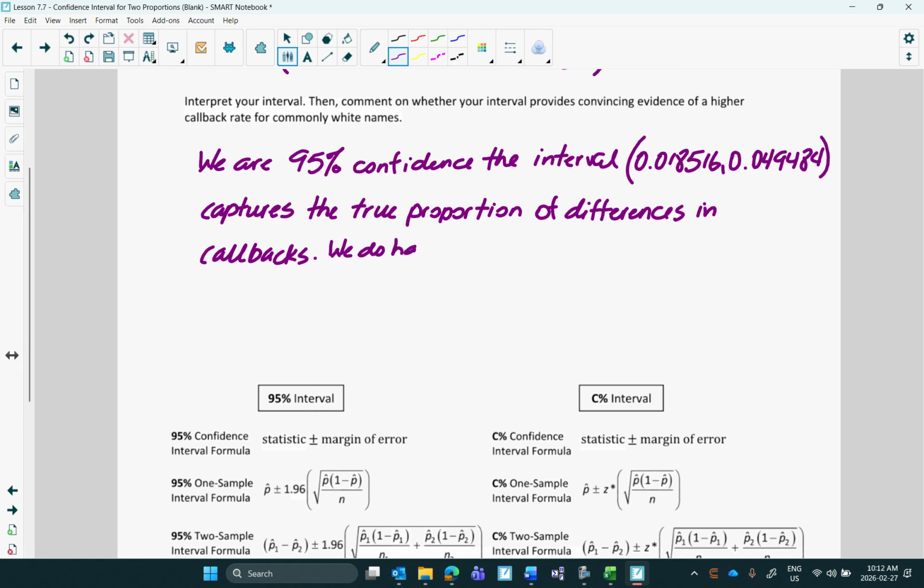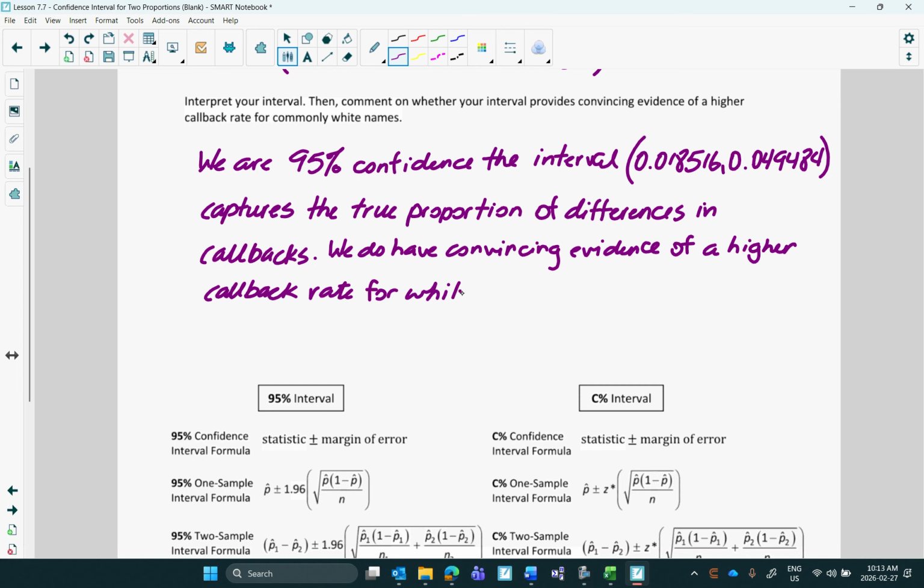We do have convincing evidence of a higher callback rate for white names because the interval difference never goes below 0.